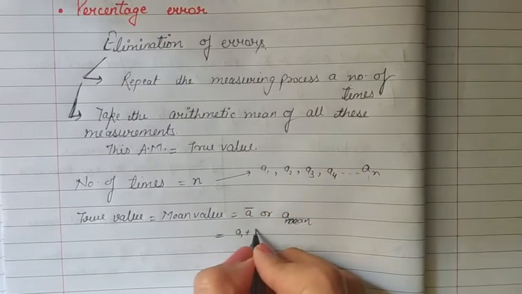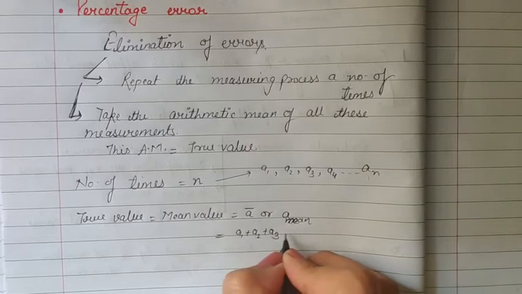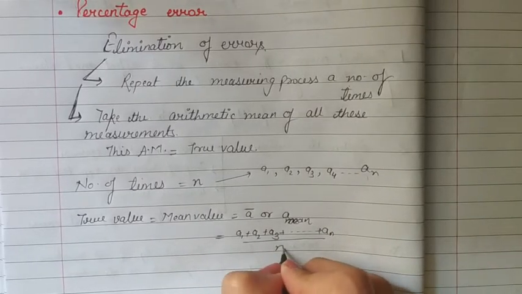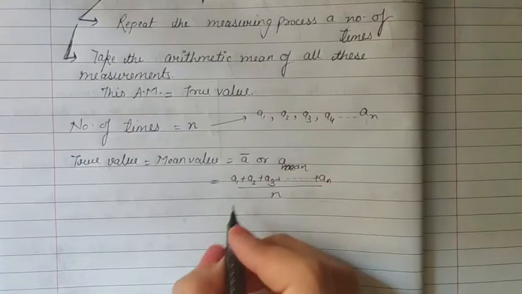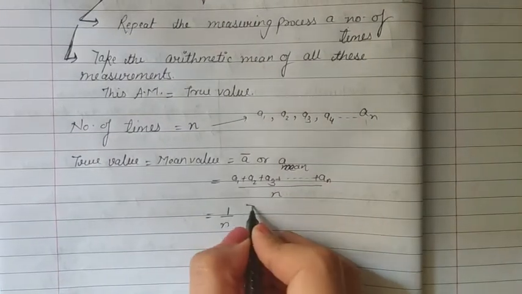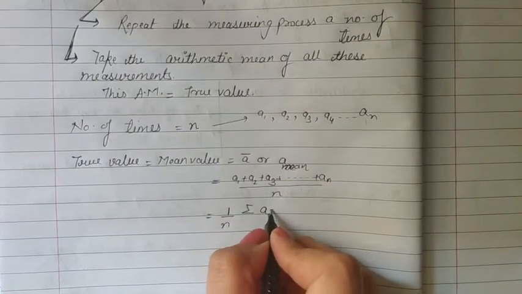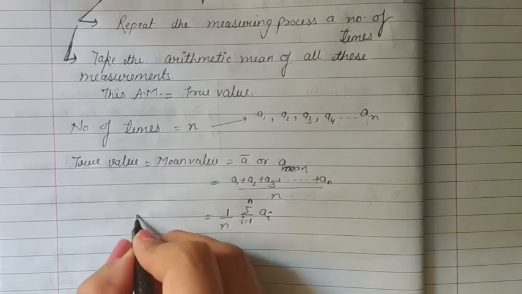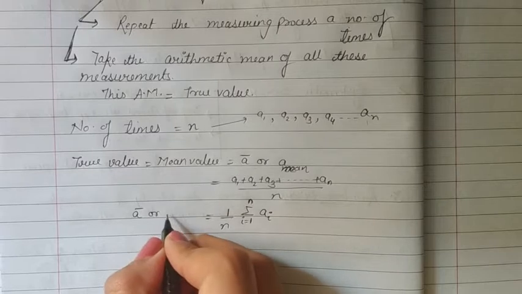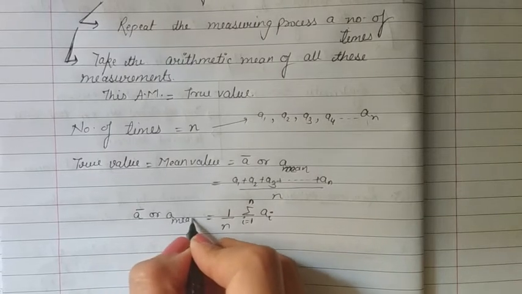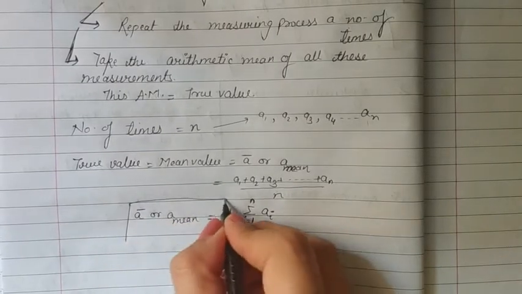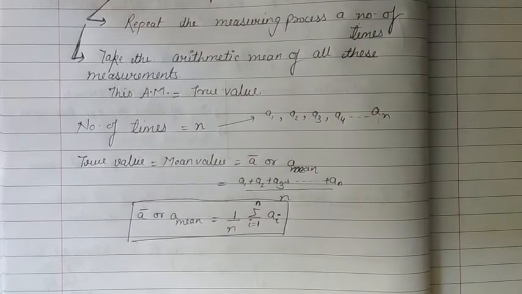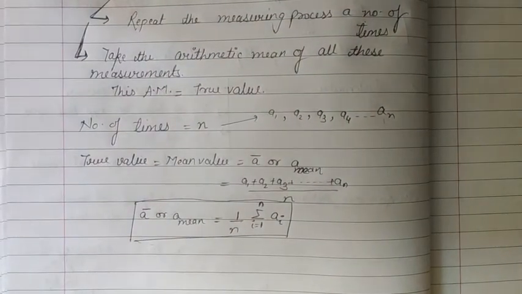So it will be a1 plus a2 plus a3 up to an divided by n. In terms of summation we can write it as 1 upon n, and sum of all the quantities from 1 to n. This is the mean or true value of that physical quantity that we are going to consider. So in this way we can get the true value or the exact value of that physical quantity that we are measuring.